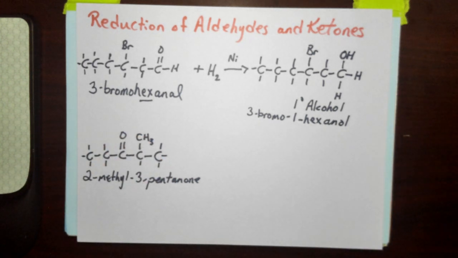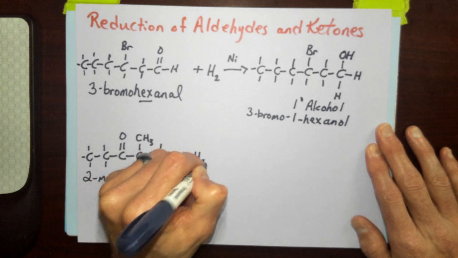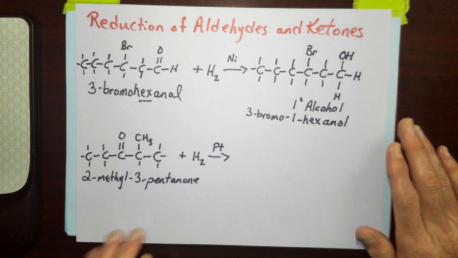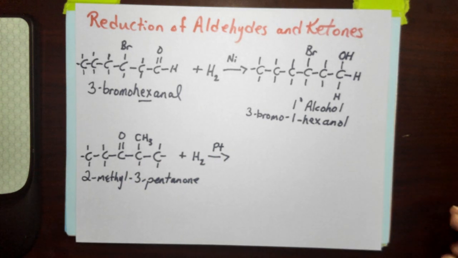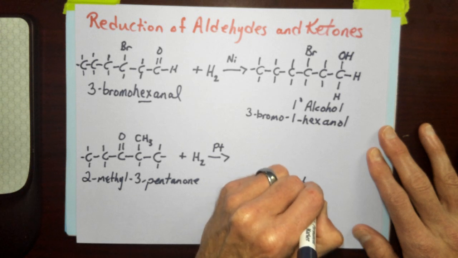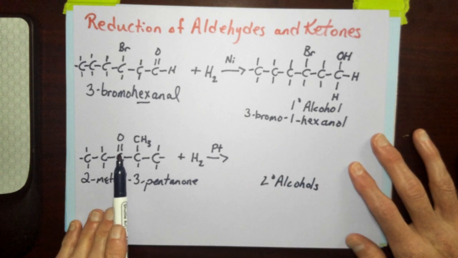So now when we do the reduction using hydrogen again, using a metal catalyst, let's use platinum this time. Our ketones get reduced to secondary alcohols. Same principle, reducing the number of carbon-oxygen bonds.